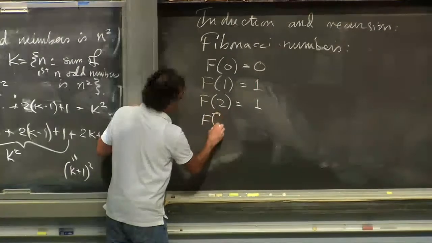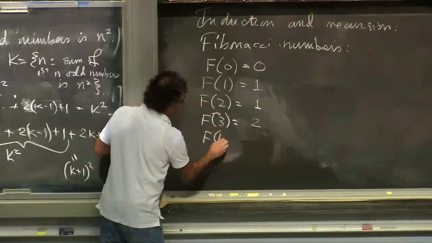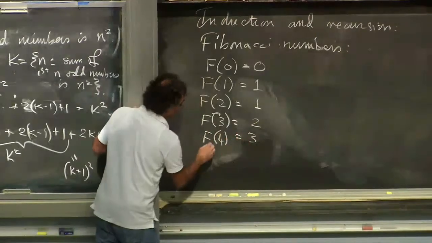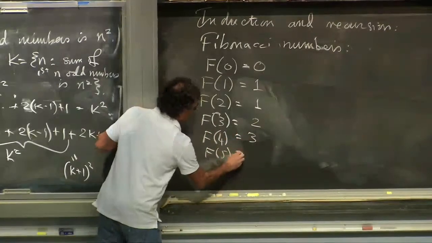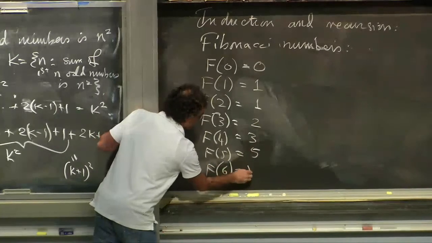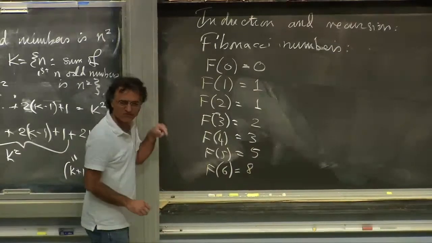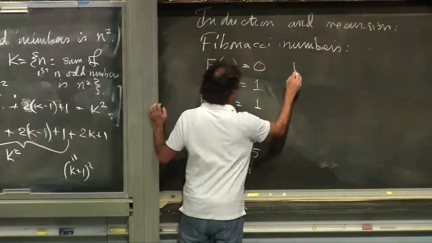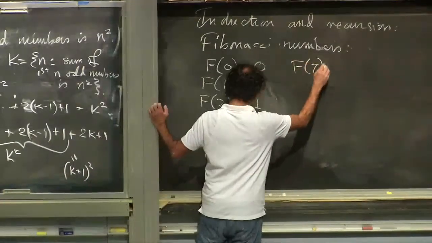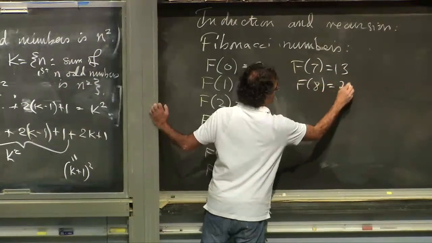F of 3 equal to 2. F of 4 equal to 3. F of 5 equal to 5. F of 6 equal to 8. Let's keep going for a little bit. F of 7 equal to 13. F of 8 equal to 21.